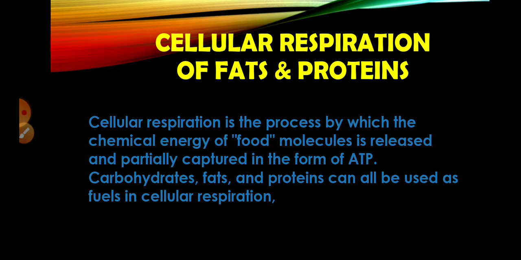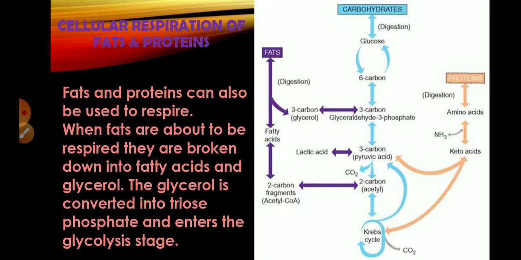So PGAL is an intermediate compound present in respiration. Regarding cellular respiration of fats and proteins, we know that not only carbohydrates but fats and proteins can also be used as fuels in respiration. How is this done?